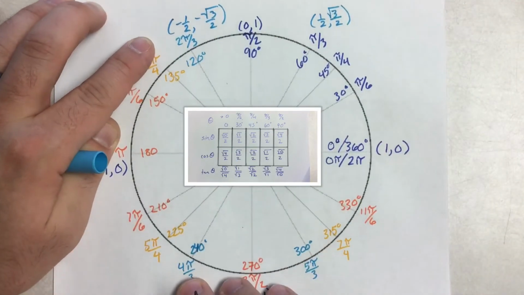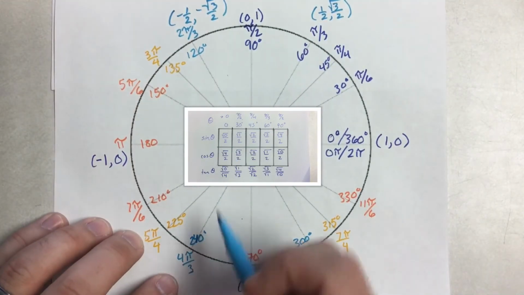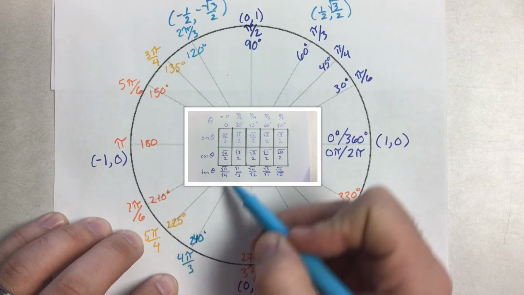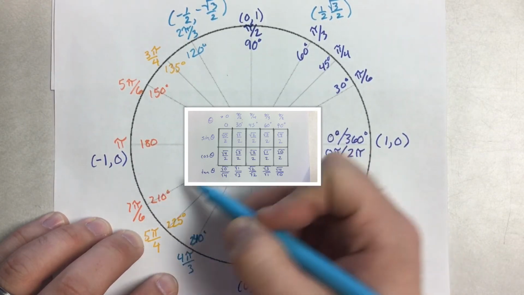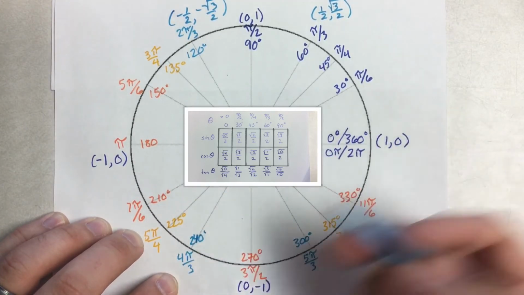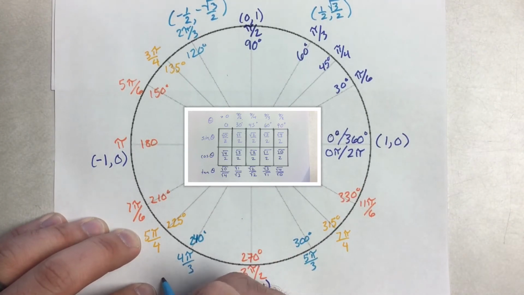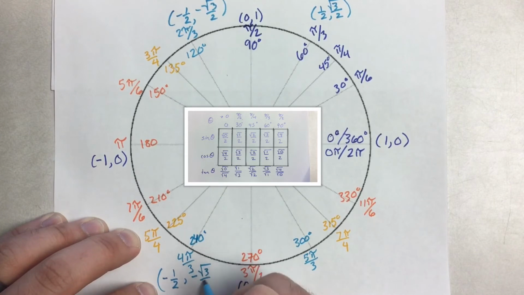And then in our third quadrant, where we have x values that are negative and y values that are negative, both cosine and sine are going to be negative. So here we're going to have negative 1/2 and negative square root of 3 over 2.